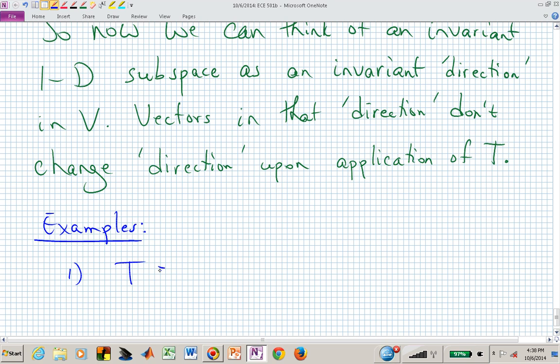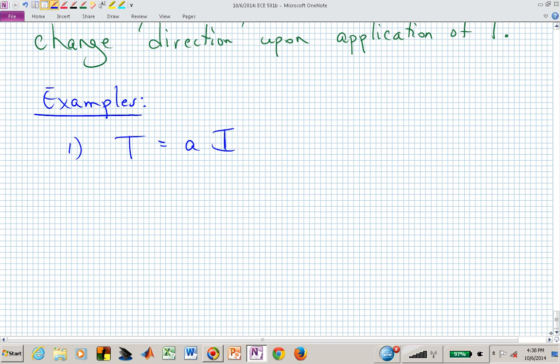Suppose the first example is a linear map that's A times the identity matrix. Now we have T applied to W equaling lambda W. That's our eigenvalue-eigenvector relationship.